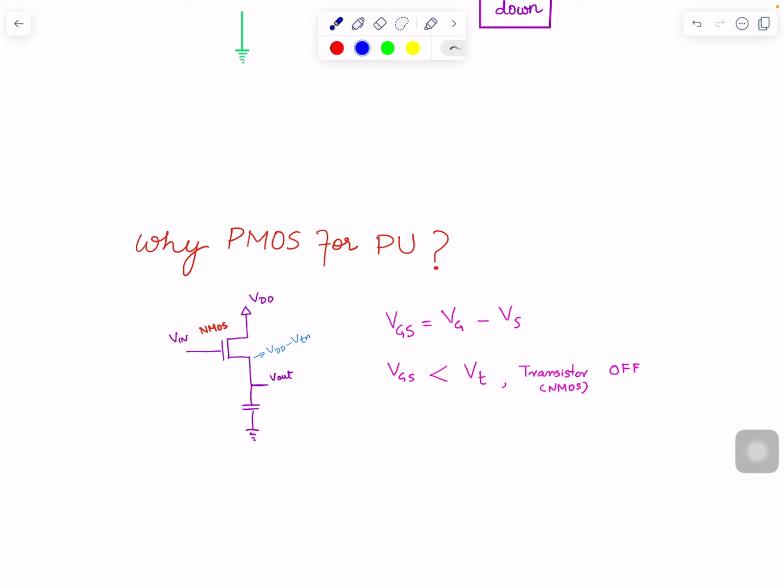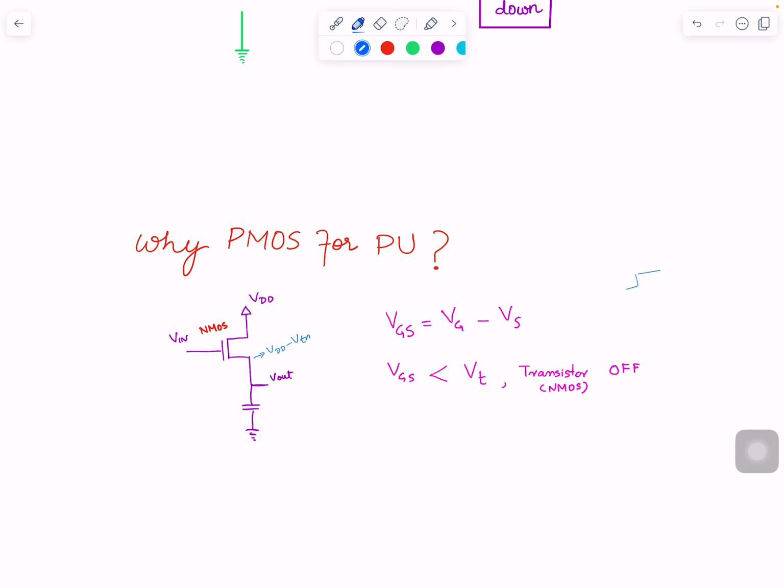You must be wondering why in the NMOS case this point doesn't go beyond VDD minus VTN. So here is an important thing. Remember that in the case of NMOS, the node which is at higher voltage is the drain. We always look at the drain in the case of NMOS as the one on this side.